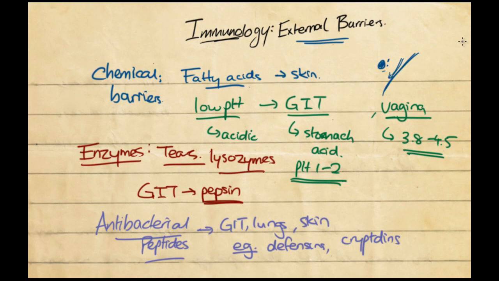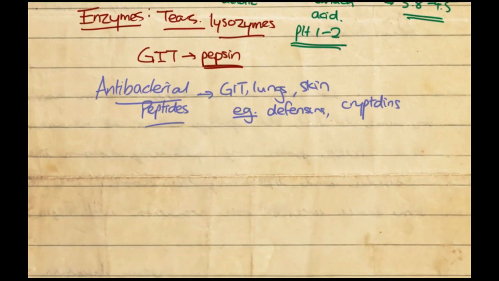Now, aside from these chemical and mechanical barriers that we have to protect our body, we also have host microorganisms, so microorganisms which live on our body, and they act as protection against any other infectious agents that are trying to invade our body.